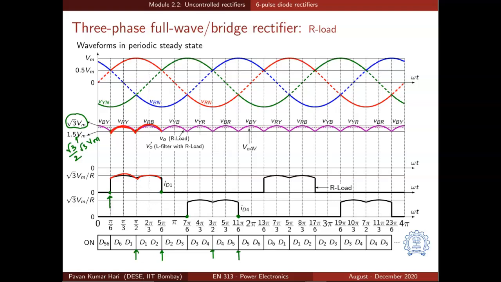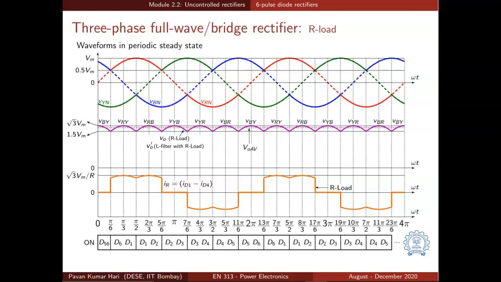Similarly, when D4 is conducting, its current will be the output voltage divided by R, and that is what is shown here. Source current is ID1 minus ID4. So ID4 gets flipped on the source side and ID1 appears as it is.